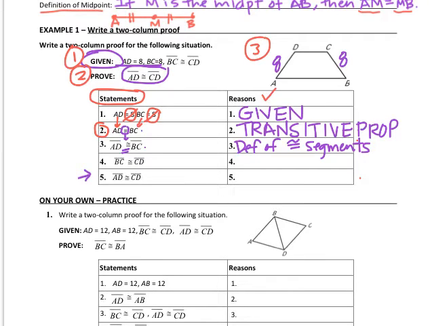All right, and then the next statement says that segment BC is congruent to segment CD. If you go back to the top of our information here for this proof, we see that that information was given to us. So we're just going to write in the word given here.